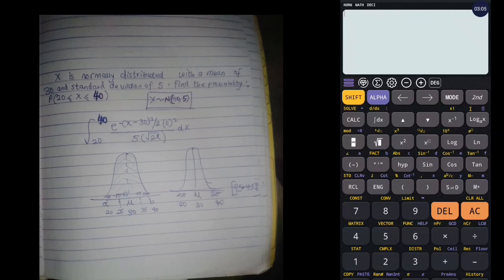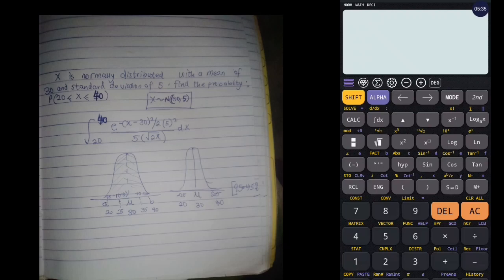The calculator I have here is the mobile version. It is very similar to the normal scientific calculator. The first thing to note is that your calculator must be in the normal mode. If it's not in the normal mode, you should reset to normal mode.